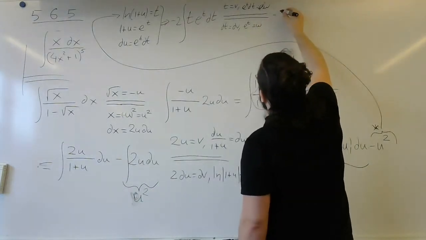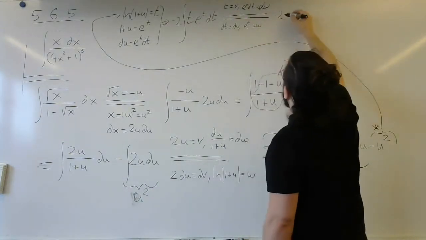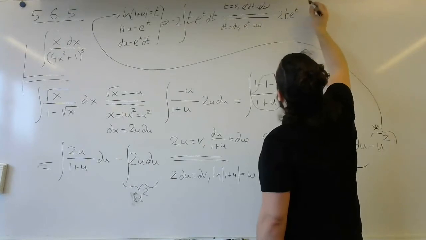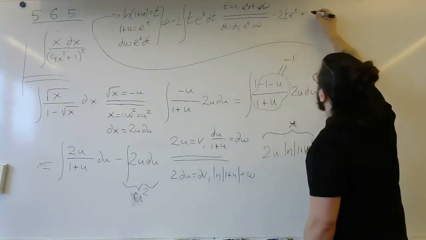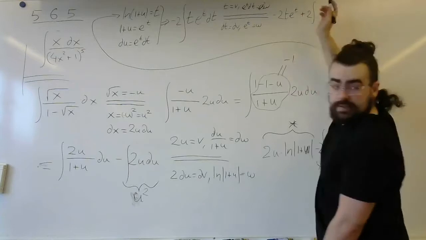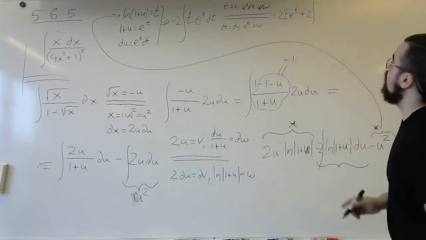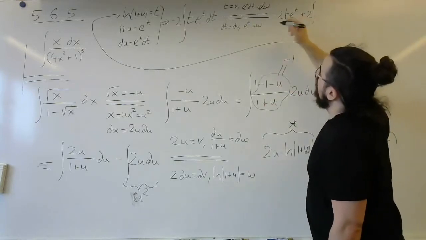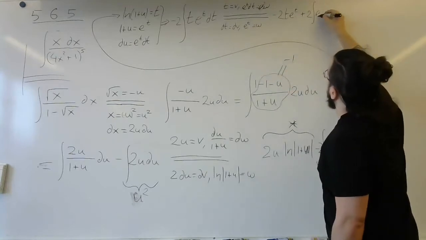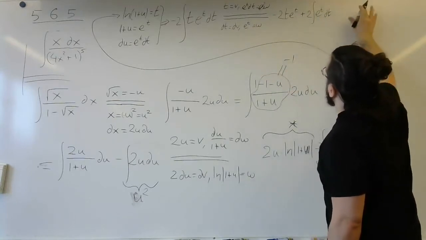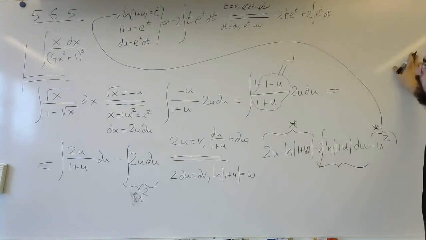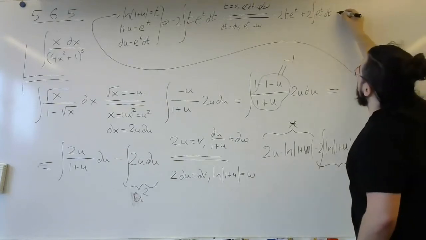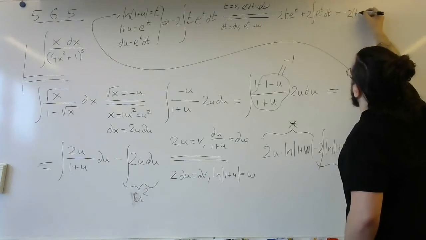So what we have here is minus 2 t e^t plus 2 integral. Let's see if it fits the image perfectly. Of this product right here. Which is minus 2 (t plus 1) in power t.